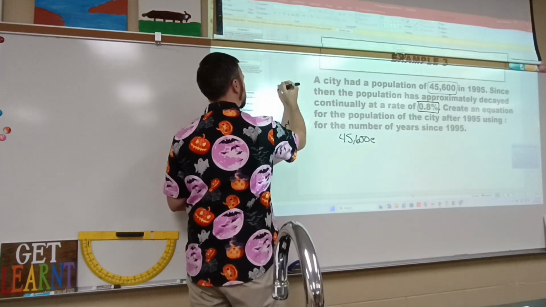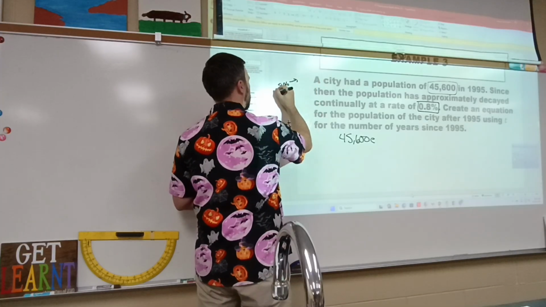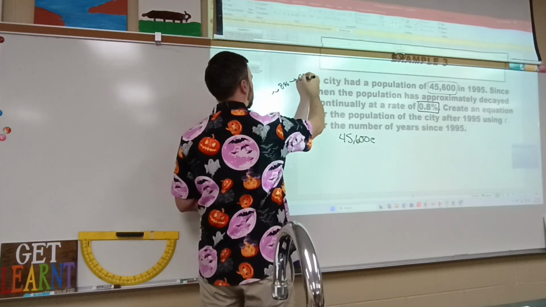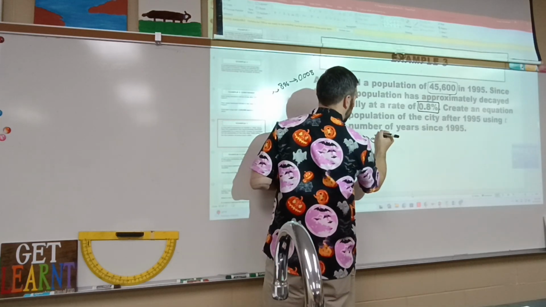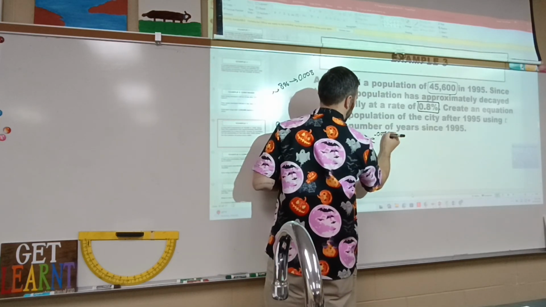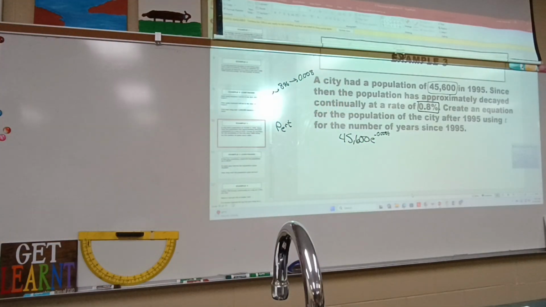What's 0.8% as a decimal? Yep, you got to move it twice. Negative 0.008 T. Why is it negative? It's going down. R is negative if it's going down.